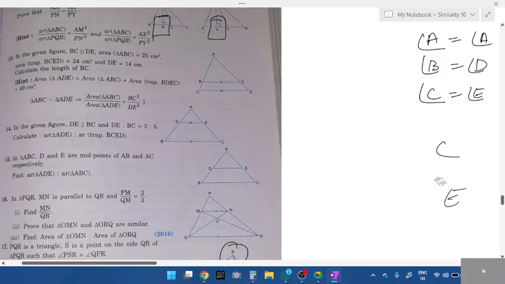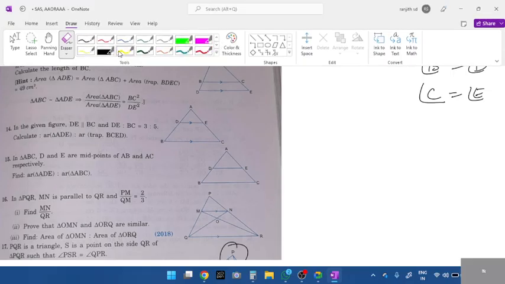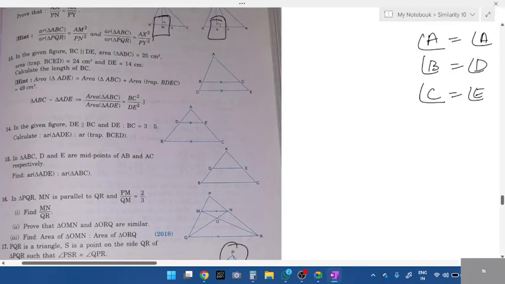According to this, let me write the values for you, students. Look at the values. What is the DE value given? DE is equal to 14. What do we need to calculate? The length of which one? The length of BC we need to calculate. Apart from this, what else is given? Area.